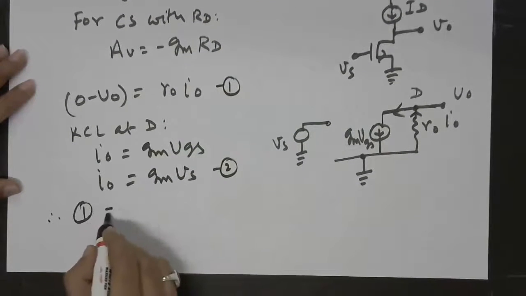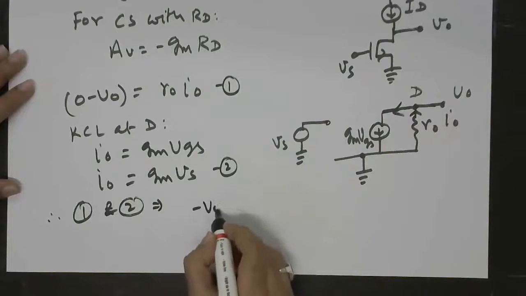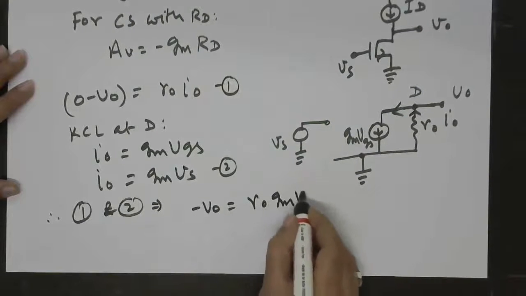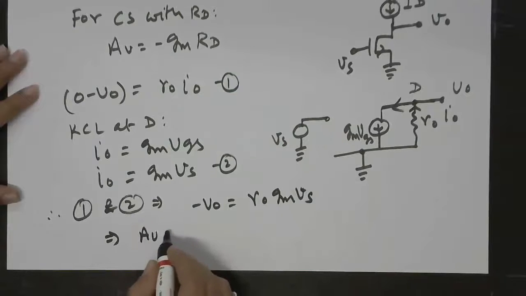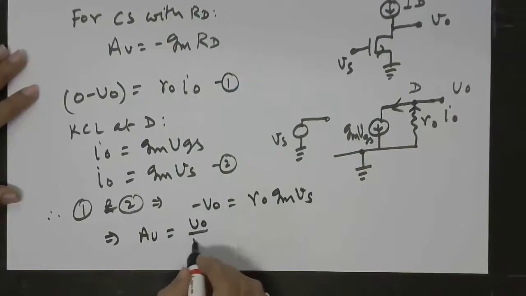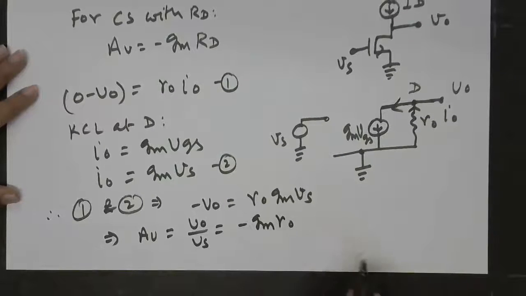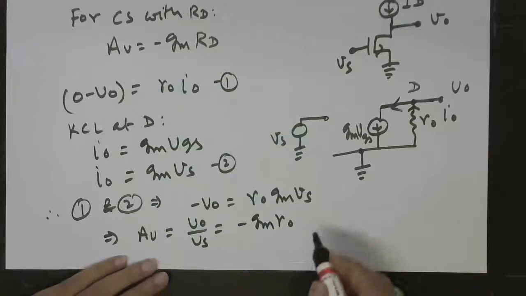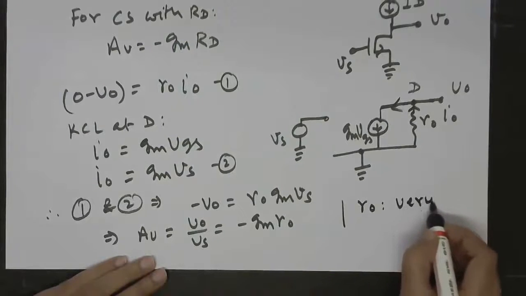Therefore, minus VO is equal to R0 GM VS. So that says the voltage gain VO by VS is equal to minus GM R0. We know that R0 is typically very large.